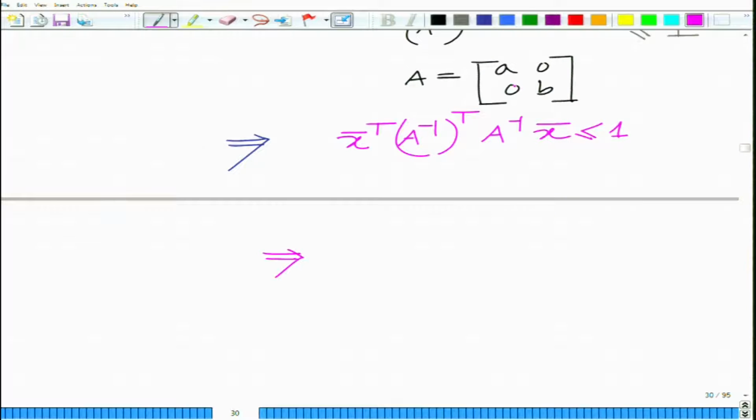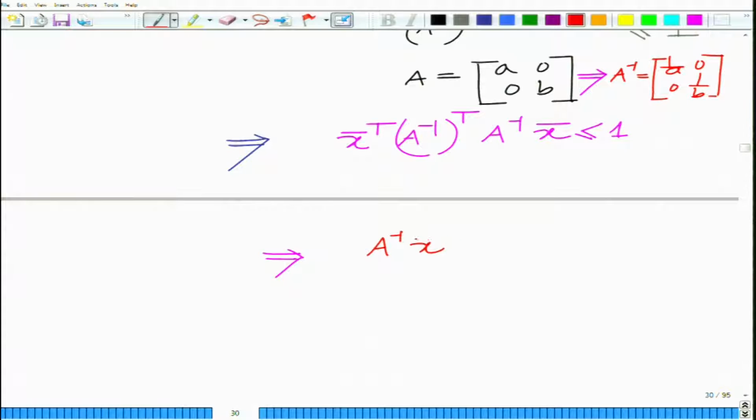Remember, this is our matrix A, a diagonal matrix with a and b on the diagonal, and of course you can see that this implies A inverse is simply 1 over a, 0, 0, 1 over b.